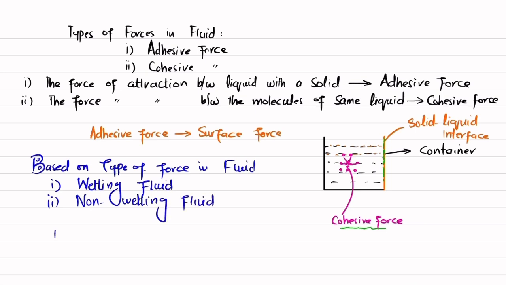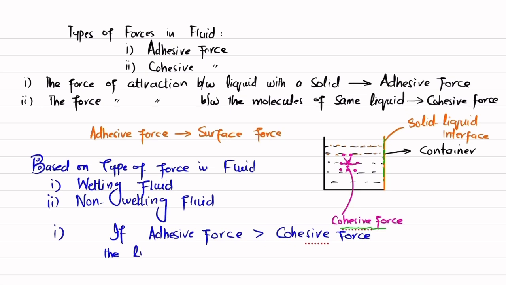For that I will write the first one. If your adhesive force is greater than cohesive force, then the liquid or fluid is said to be wetting fluid, wetting liquid.